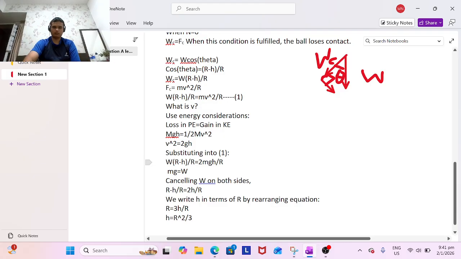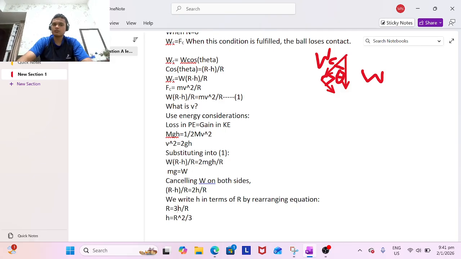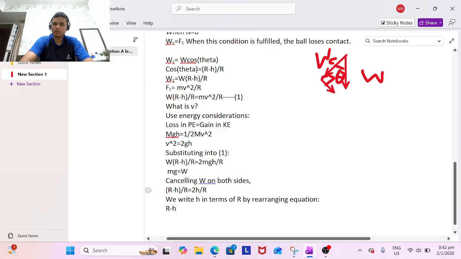Oh, okay, sorry. This is actually a bracket. So we have (R minus H) by R. We multiply both sides by R, so we get R minus H equals 2H.